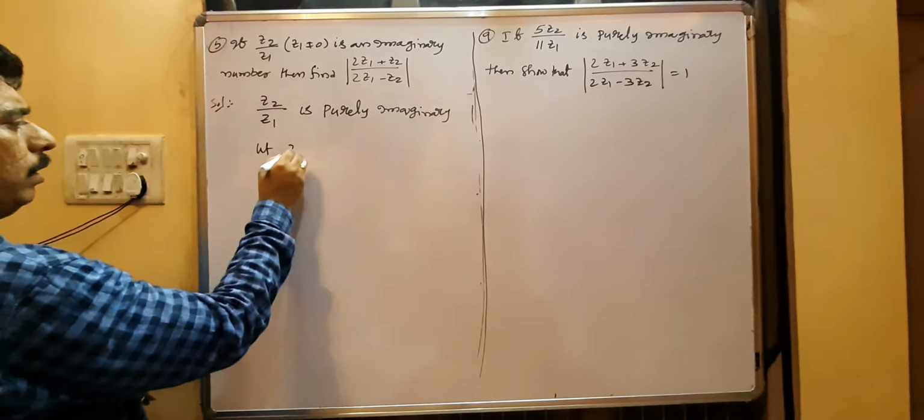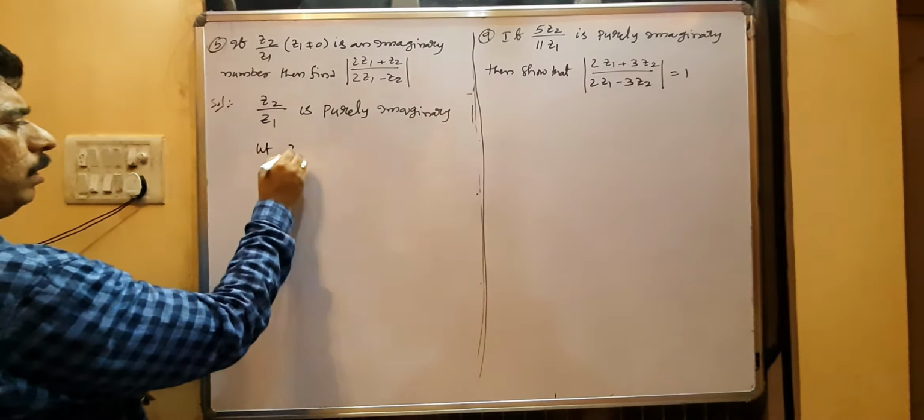Finding the condition (2z1 plus 3z2) by (2z1 minus 3z2). In the numerator z1 common: 2 plus 3 into z2 by z1.